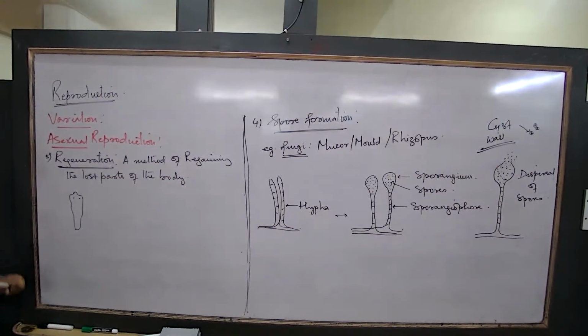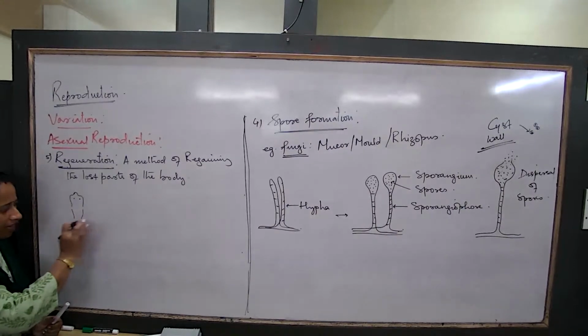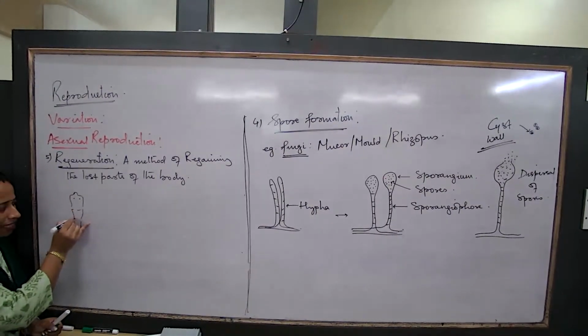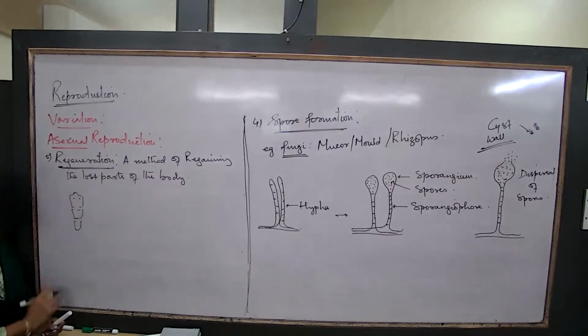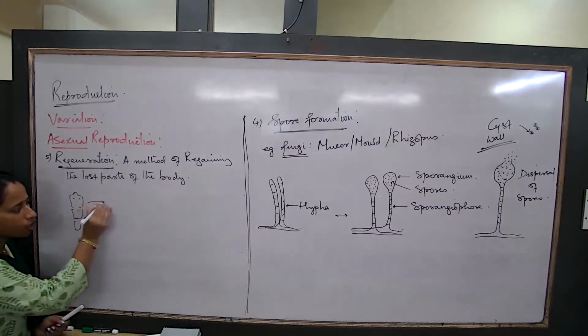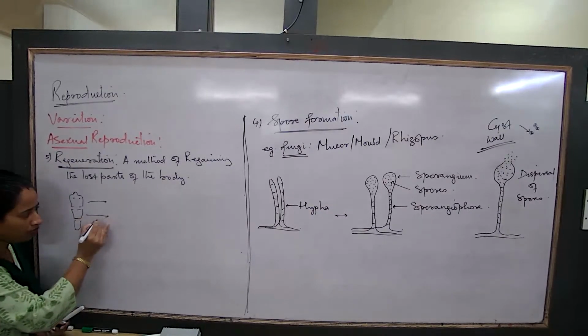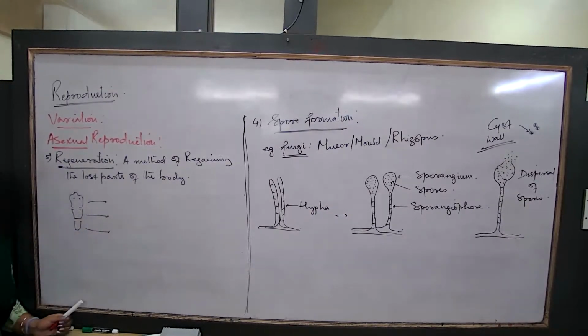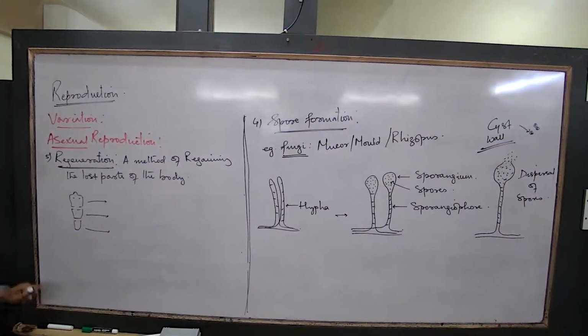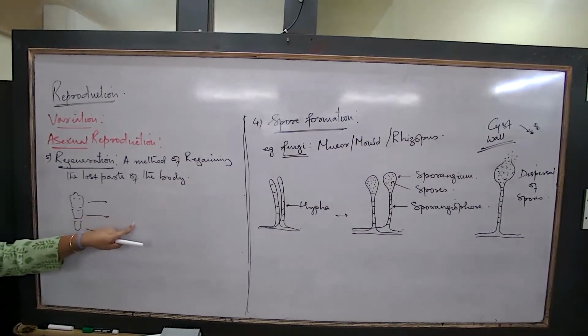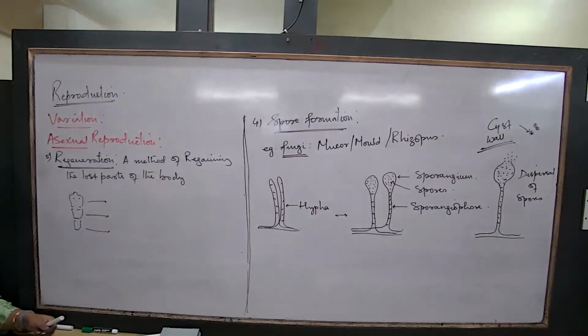Now we are saying that the planaria's body is divided into three parts, and each of these three parts should give rise to a new organism. Good enough. Yes, if the body divides into three fragments like this, of course we are going to get three new planaria. Again, the concept remains the same.